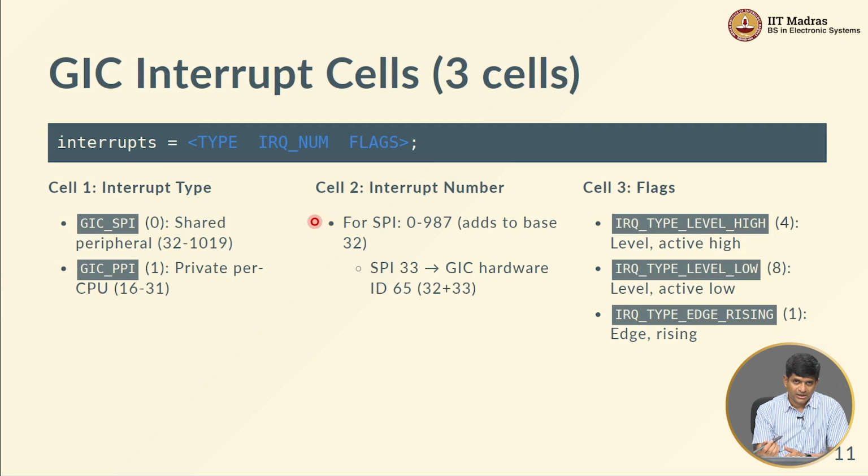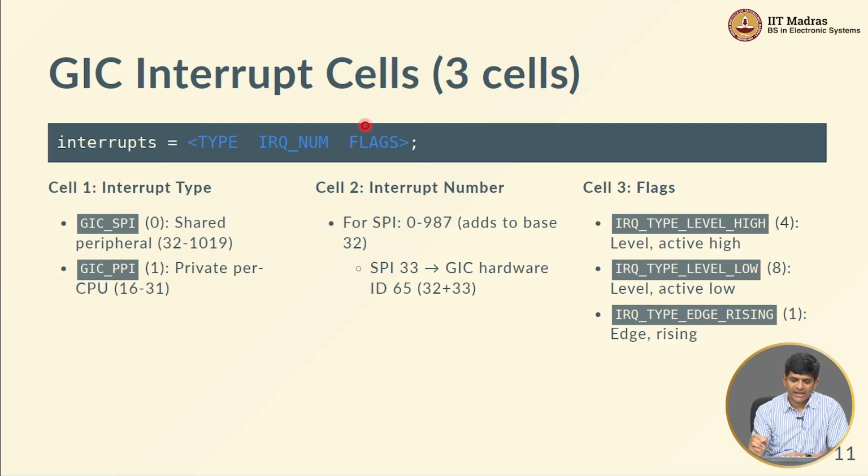In the example that we will see later, we will take our smart timer peripheral and connect it to SPI interrupt number 33. So that is the number that we will put in here. On the GIC hardware it actually corresponds to ID number 65, which is 32 plus 33. And when we see the demo of how it runs inside the kernel, you will see that both of these numbers are meaningful as far as the kernel itself is concerned.